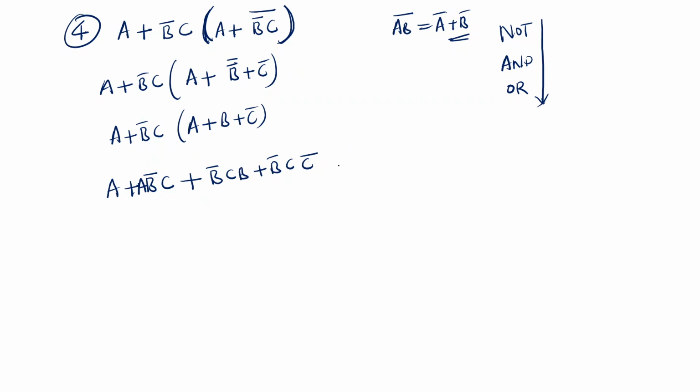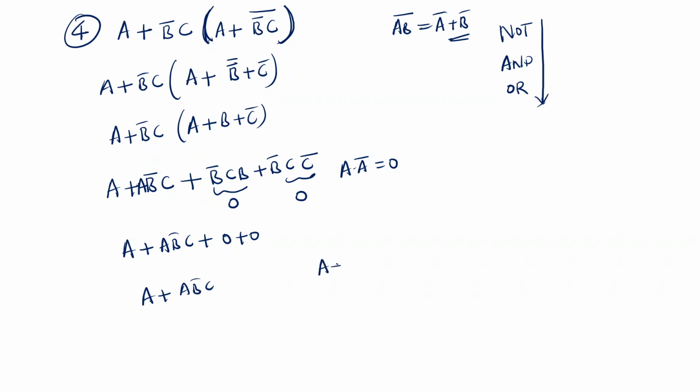From this you know that A and A bar equals what? 0, no? So this becomes 0 and this becomes 0. So here you will get A plus A B bar C plus 0 plus 0. So this is nothing but A plus A B bar C. A or 0 equals A.